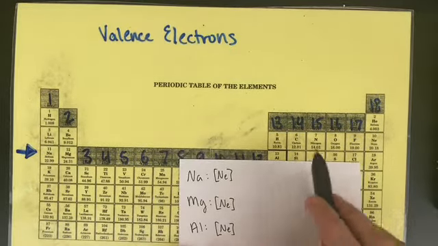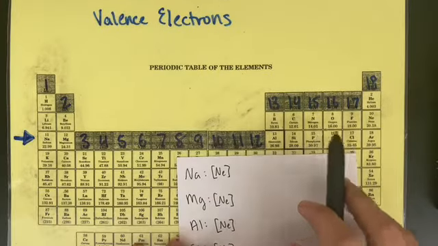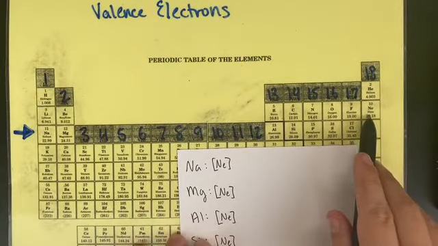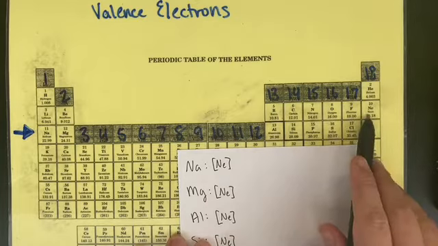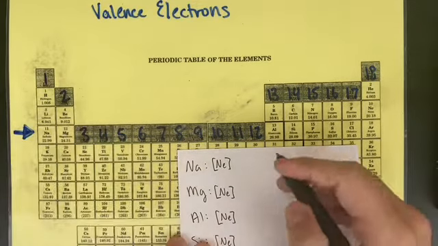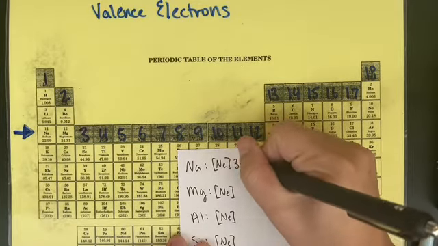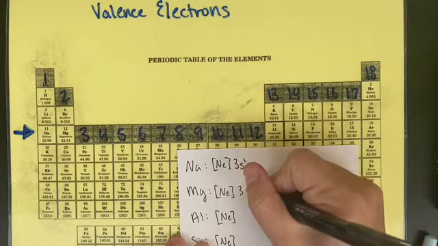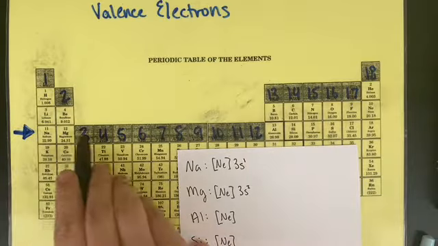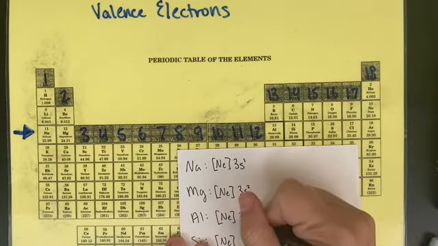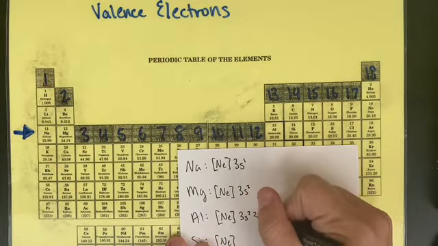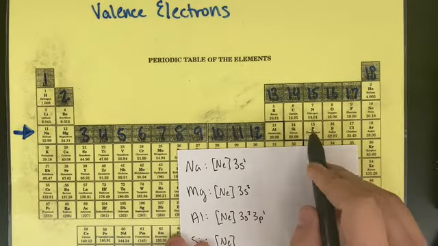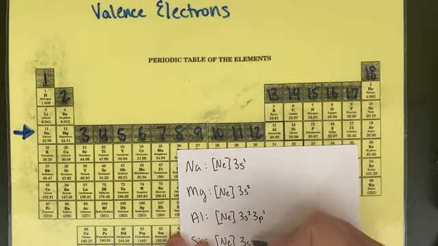If I were going to write out their electron configurations, I could start with neon as a noble gas as my abbreviated version, and I would come back around here, and for sodium I would have 3s1, magnesium would be 3s2, aluminum would be 3s2 3p1, and silicon would be 3s2 3p2.